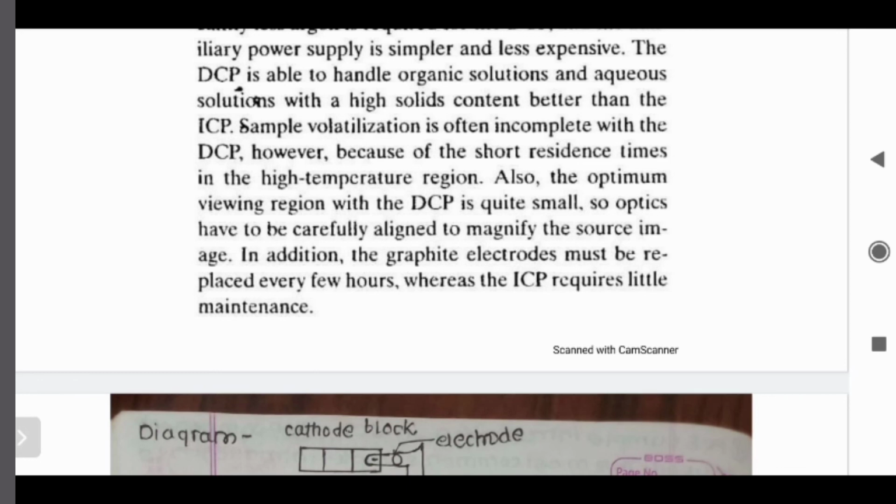The disadvantages are that the graphite electrode must be replaced after a few hours, and the sensitivity of the results obtained is quite low.